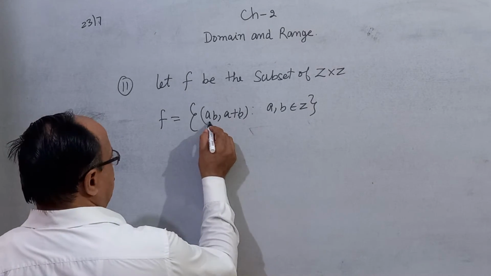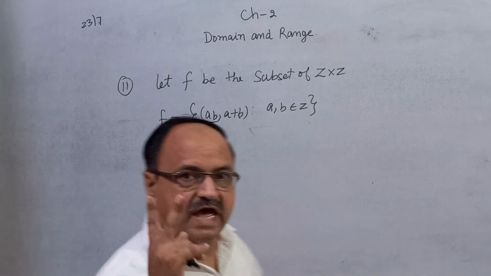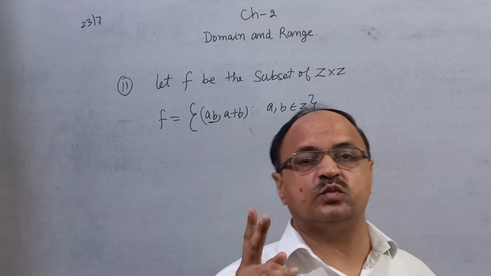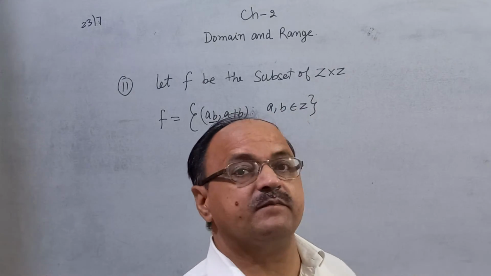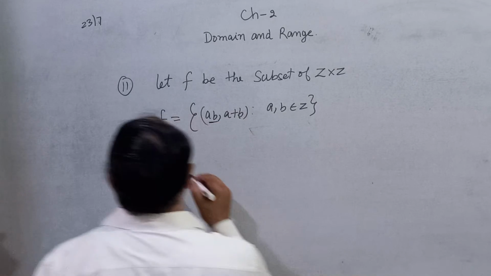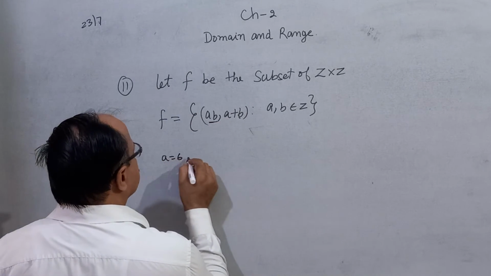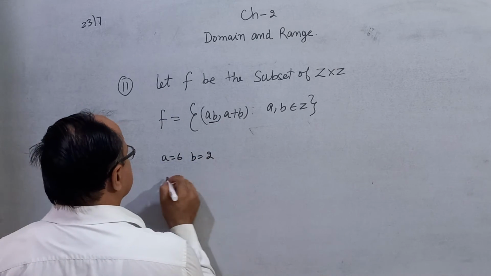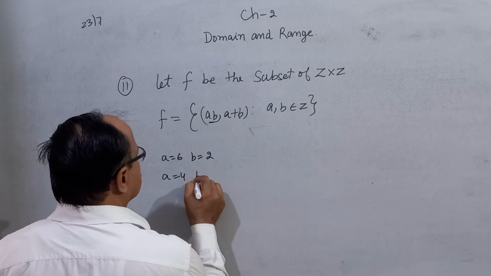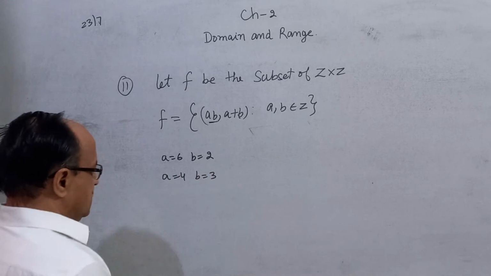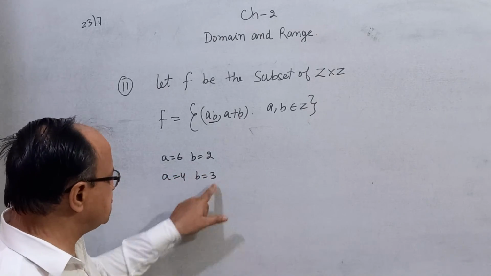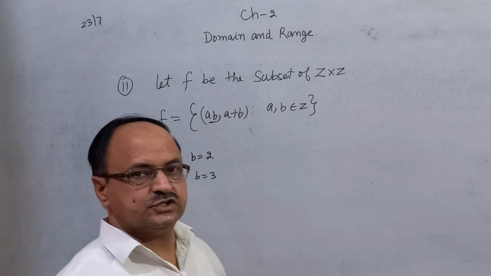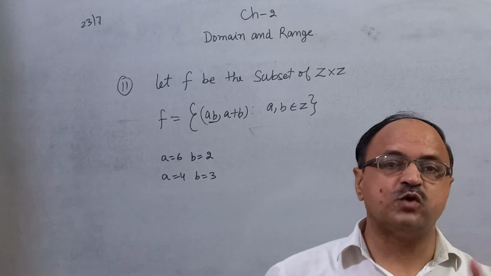Now for a and b, choose any two numbers whose product is the same. Two examples: let a is equal to 6, b is equal to 2, and a is equal to 4, b is equal to 3. Their products are 6 times 2 is 12 and 4 times 3 is 12.